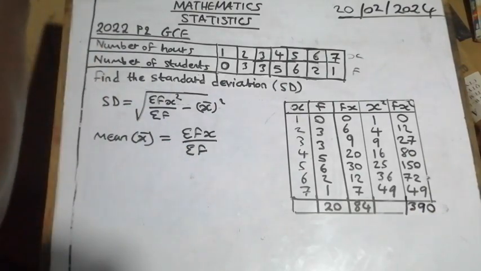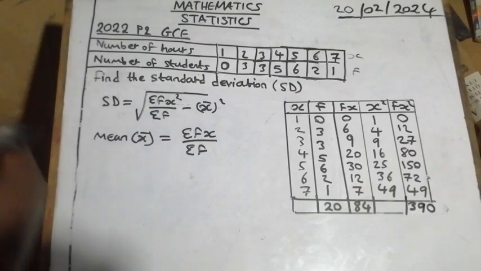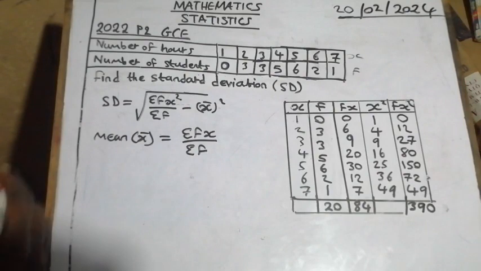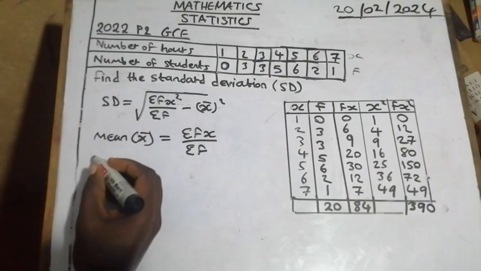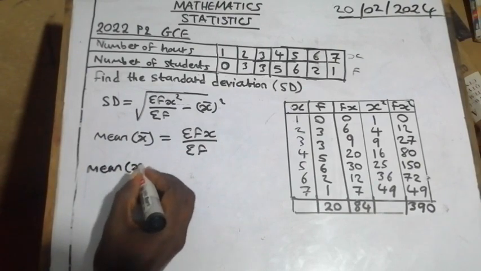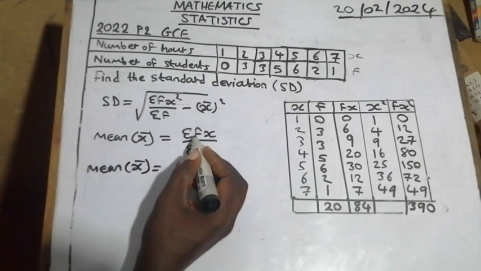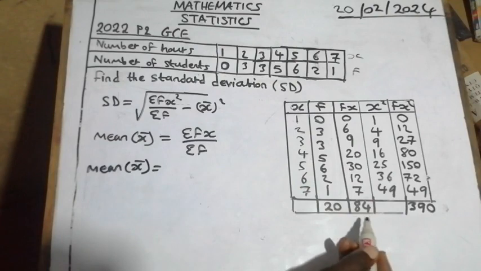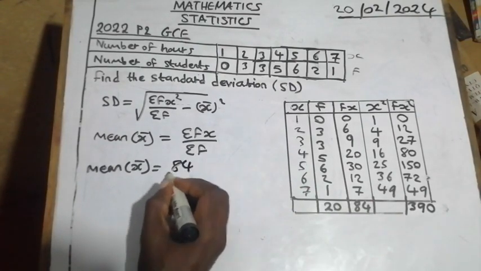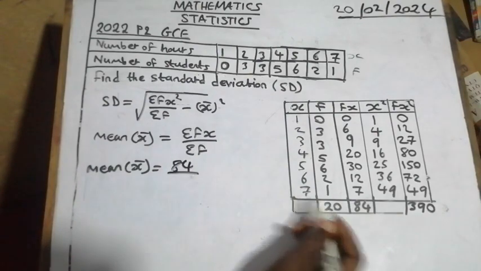So after finding all the summations, now we have to find the mean. So mean equal to summation of fx. We just have to pick the number given here: we have 84. So 84 over summation of frequency, which is 20.